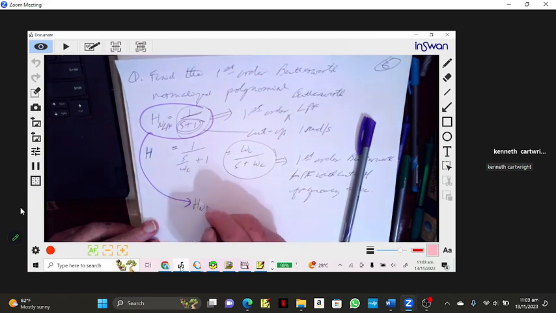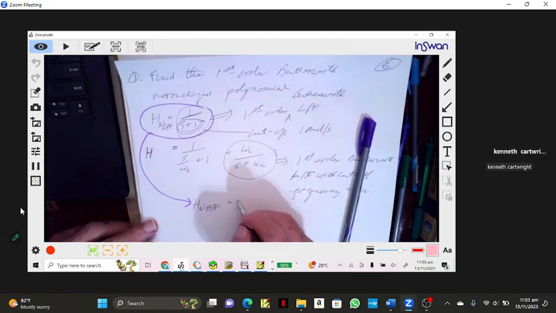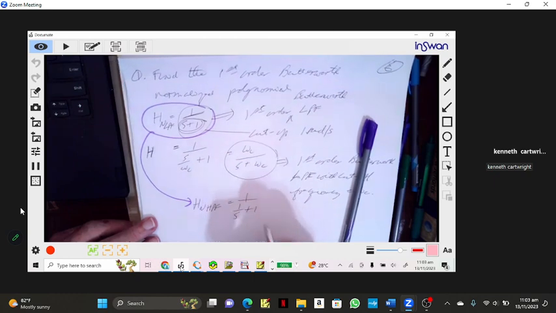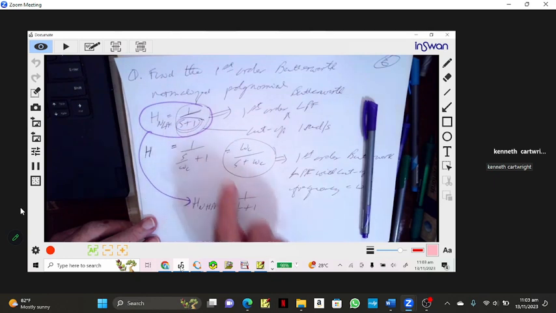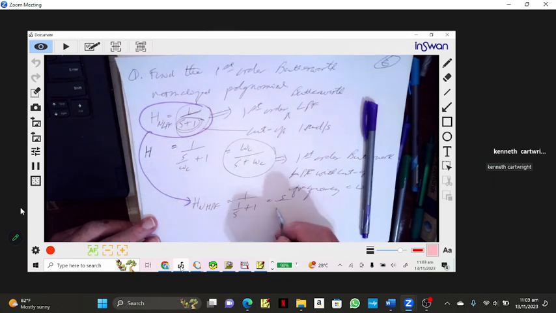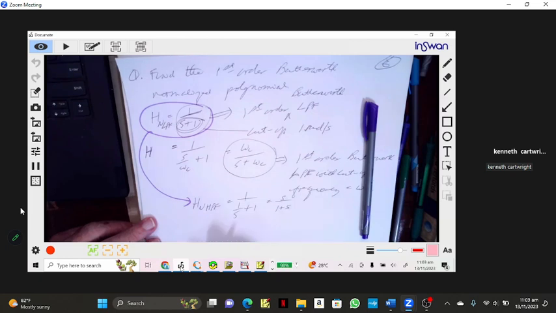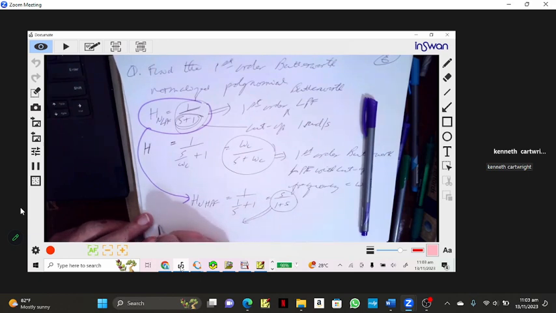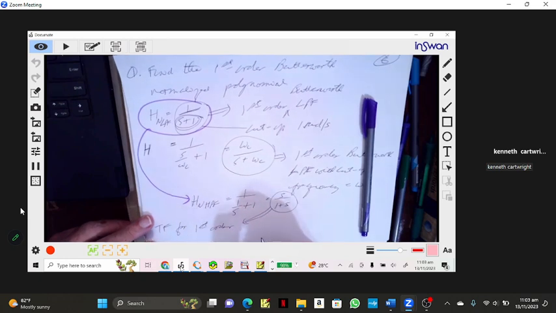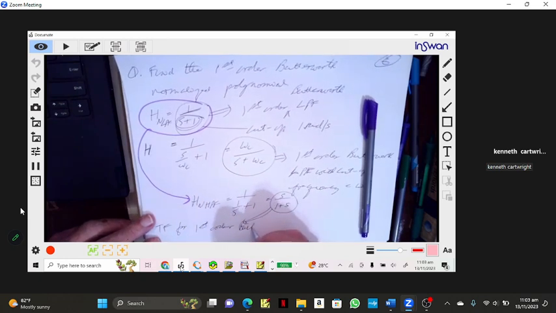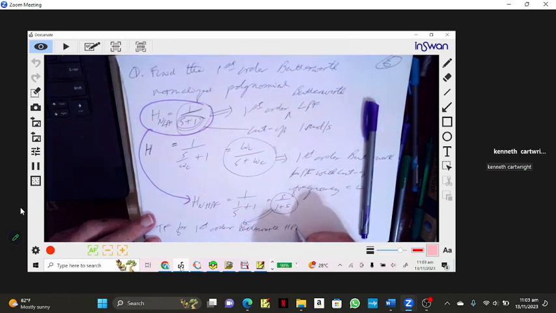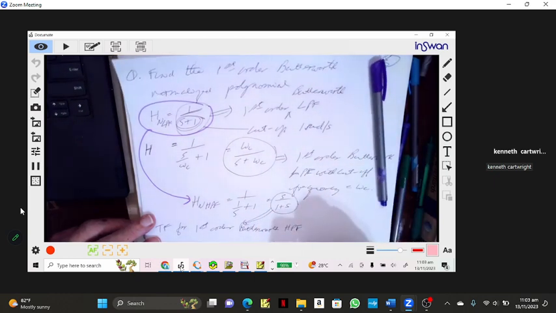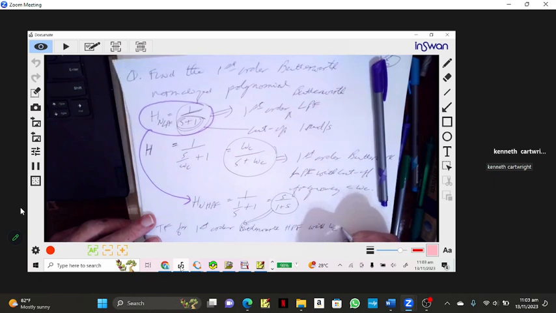So H normalized HPF is 1 over s plus 1, replace s by 1 over s, so this is s over 1 plus s. This is the transfer function for the first order Butterworth high pass filter. With omega C equal what?